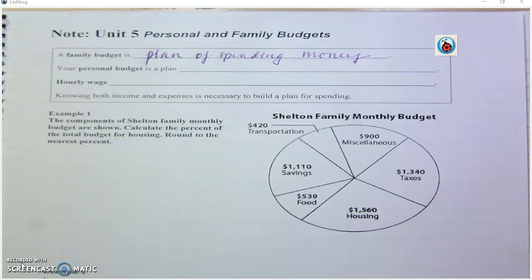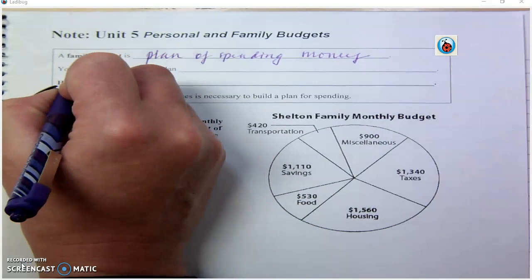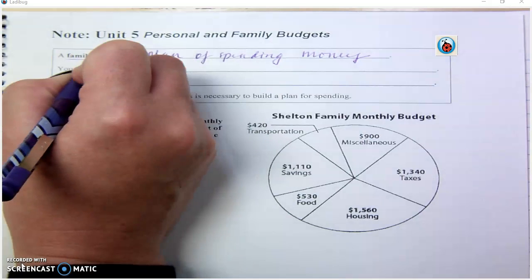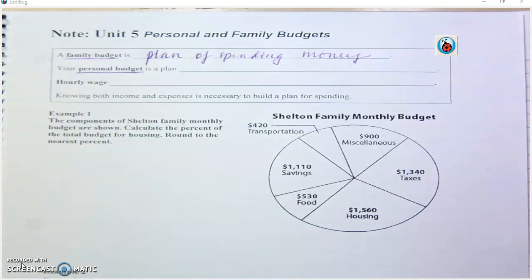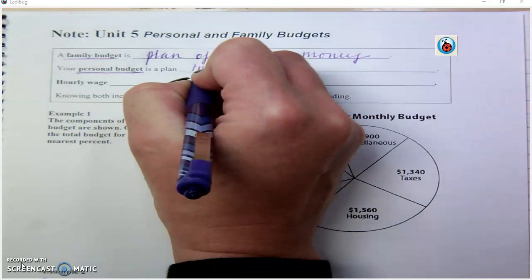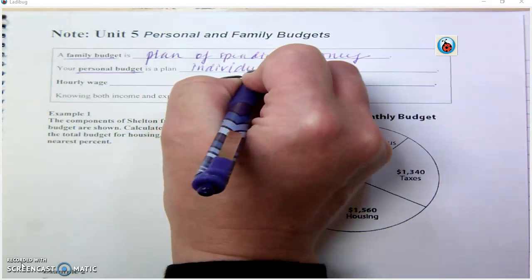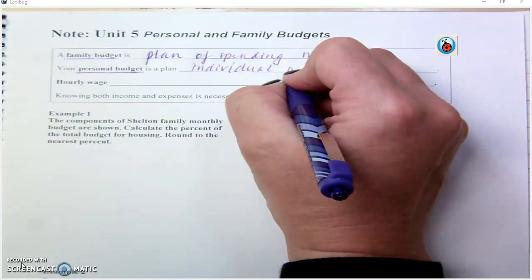Your personal budget, when they say personal, how is that different from a family? This is where it could be really based on the individual spending, if a person is single and does not have a family. So we would literally just say it's an individual plan of spending money.